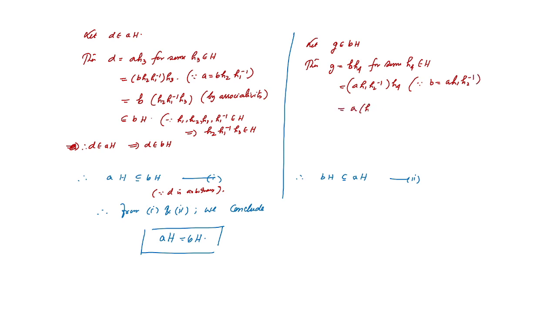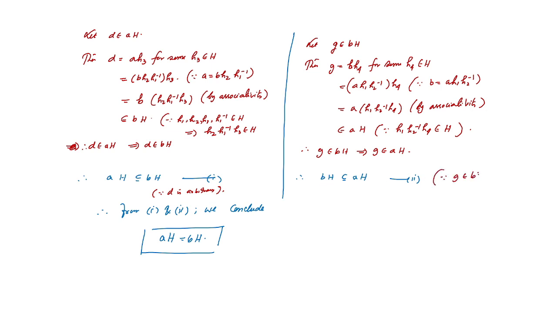From that we can write a h1 h2 inverse h4, again by associativity, and that belongs to aH. Why? Because h1, h2 inverse and h4 all belong to H, and as H is a subgroup, the closure property holds. So g belongs to bH implies g belongs to aH, and from that we can say bH is a subset of aH, since g is arbitrary.